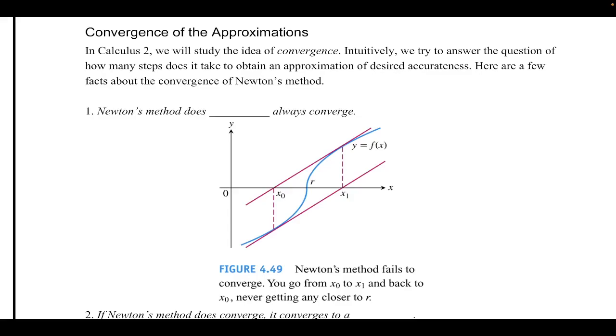The first one is Newton's method does not always converge. If you look at this scenario, you take an initial guess, you find the tangent line, you find the x-intercept of the tangent line right here, and then when you do your next approximation, you'll notice that the tangent line's x-intercept sends you back to your first approximation. So we essentially have a looping going on here.